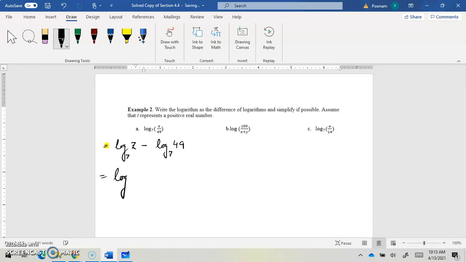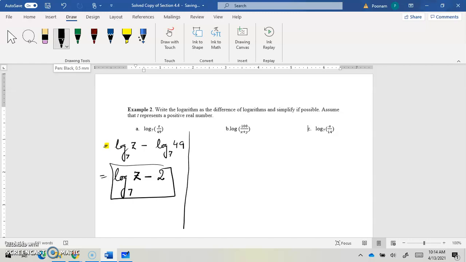Now this we can't really solve because we don't know z. But the second part, log of 49 with base 7, meaning what should 7 be raised to get 49? I think that number is 2. So this is your answer to the first part of the problem.